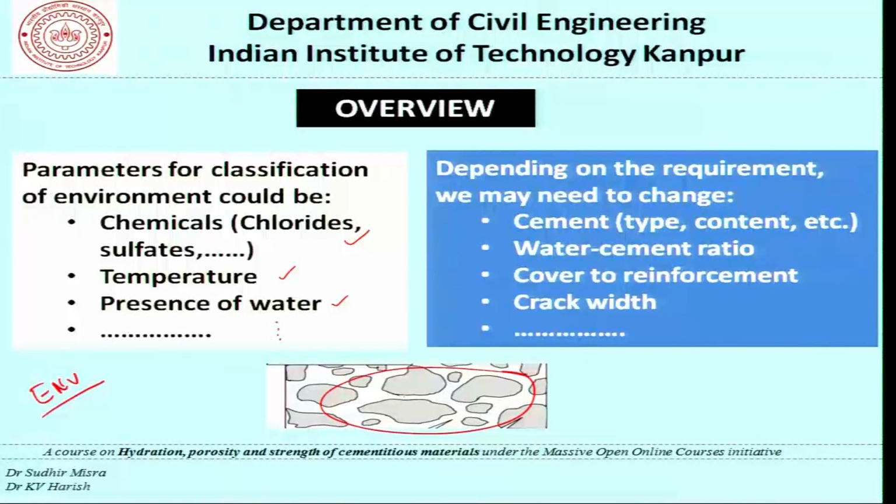In order that this concrete is durable, we need to specify things like the cement, the water cement ratio, the cover to the reinforcement, crack width and so on. So basically we can try to understand this situation in the framework of a demand supply model.